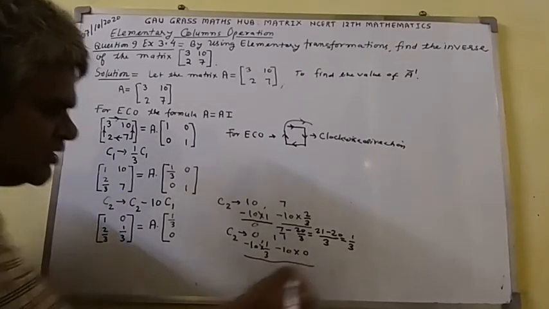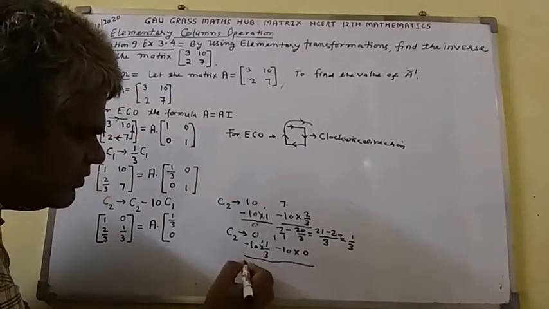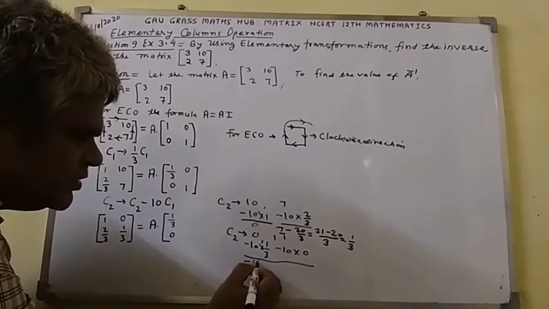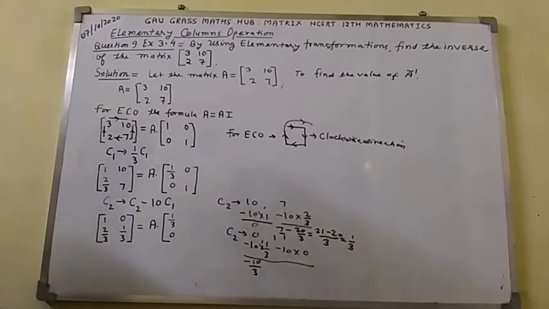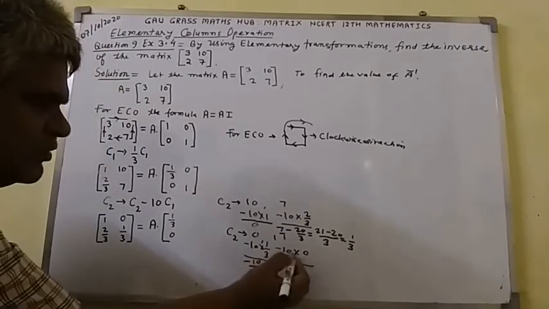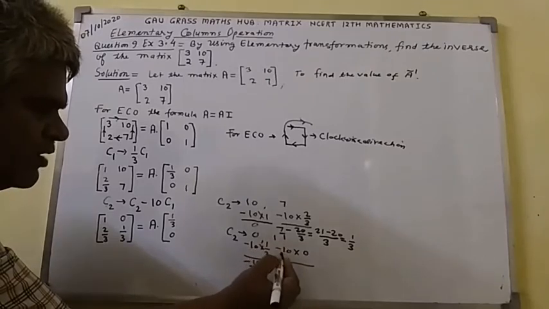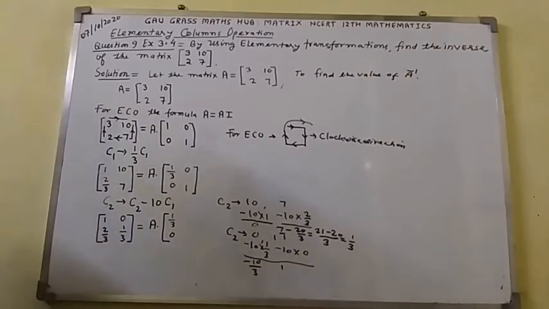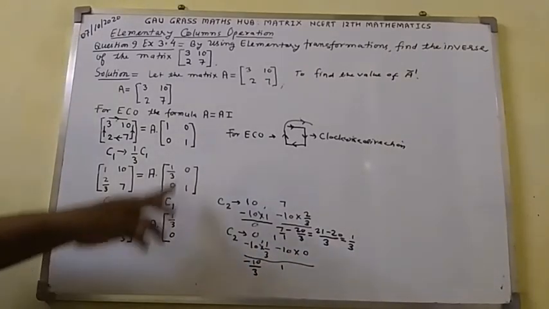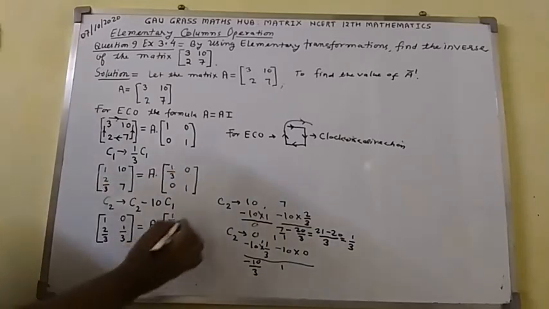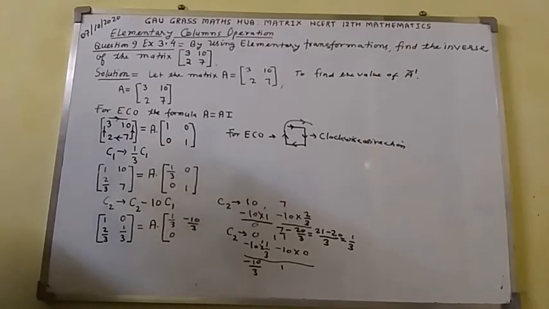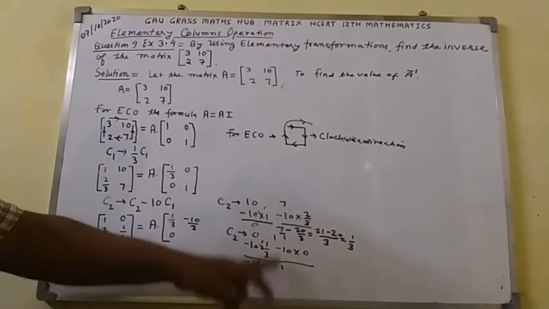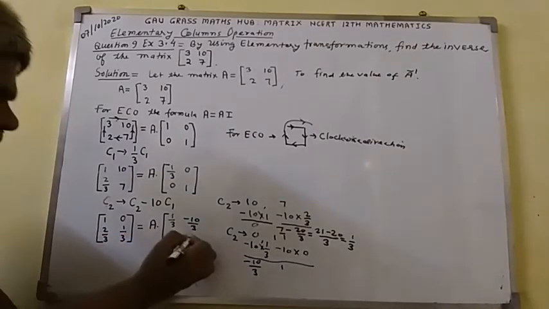So here you will get 10 minus 10 over 3; this whole value will become 0, and 1 plus 0 comes out to 1. So in place of 0, I shall write minus 10 over 3, and in place of 1, I shall write 1.